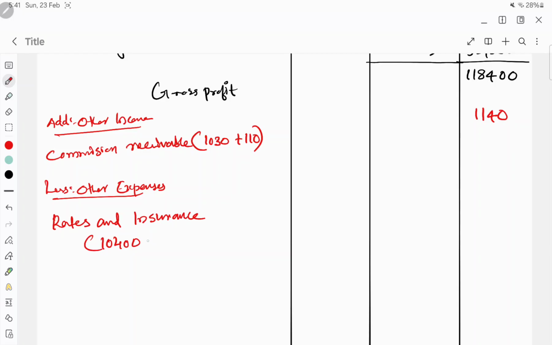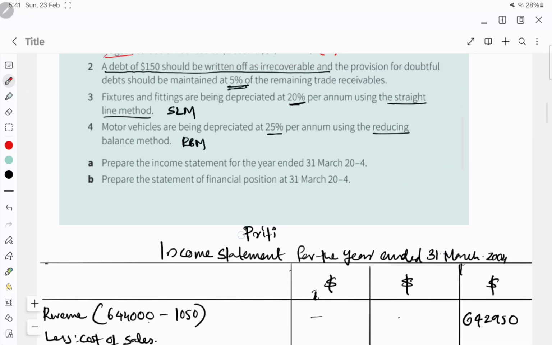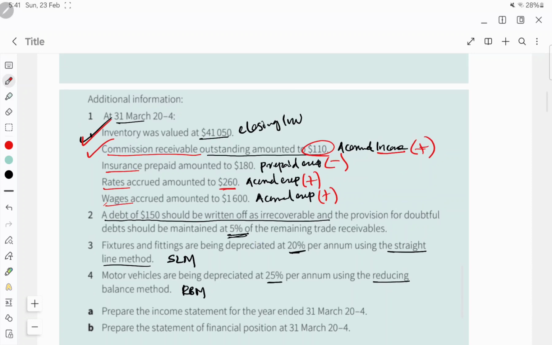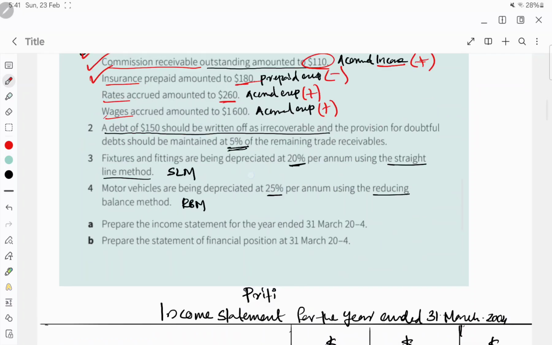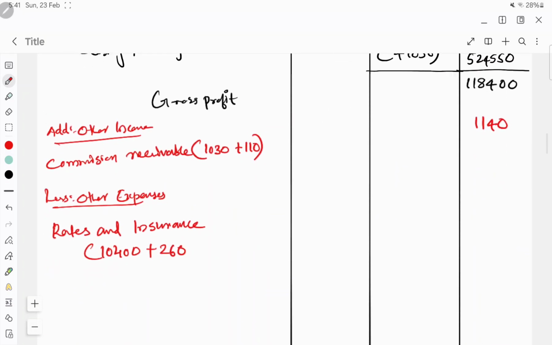With this, we will add the accrued rates 260, but insurance is also along with this. We don't know the exact amount of insurance, so we have to consider the insurance also in this. Insurance prepaid is 180, so this 180 should be deducted because it's all given together. Otherwise we can take it as a separate item, if it is given separately.